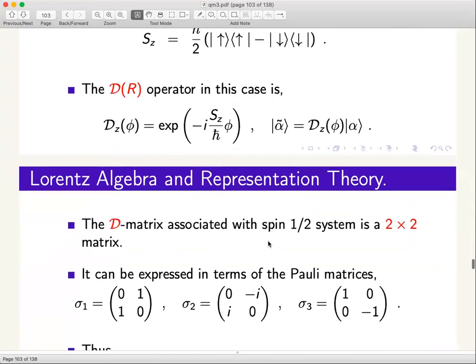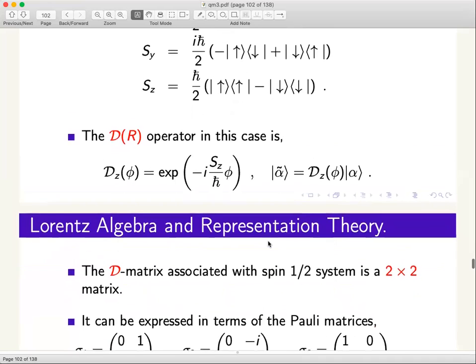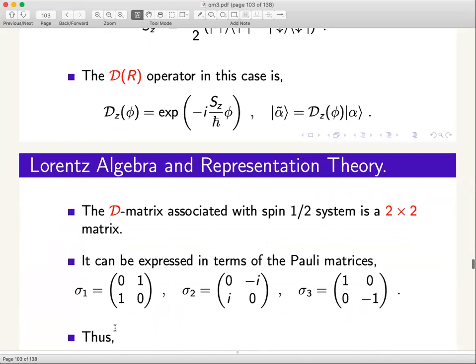So we realize Sx, Sy, and Sz can be written in terms of Pauli matrices: 0 1 1 0, 0 minus i i 0, and 1 minus 1 diagonally. Fine.